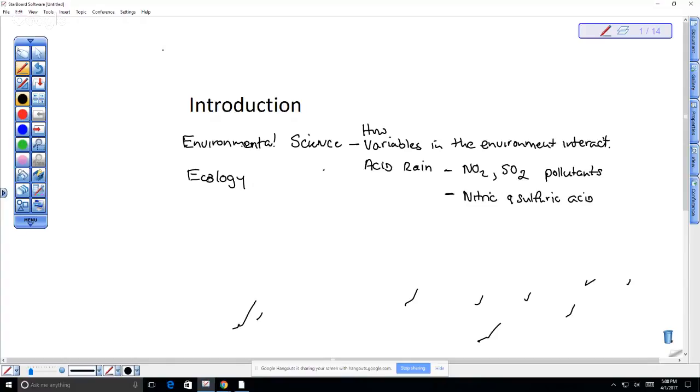And they might also look at how we could reduce the production of those pollutants, okay? So that's environmental science. And it doesn't necessarily have to do with living things. So this is a good example of an abiotic example, which we'll talk about in a minute.